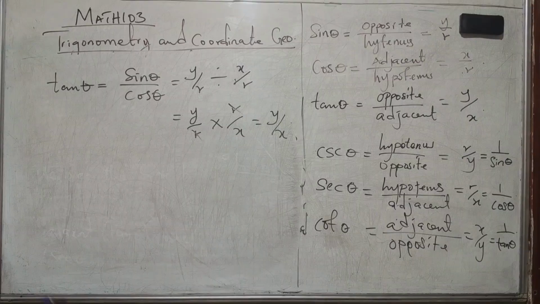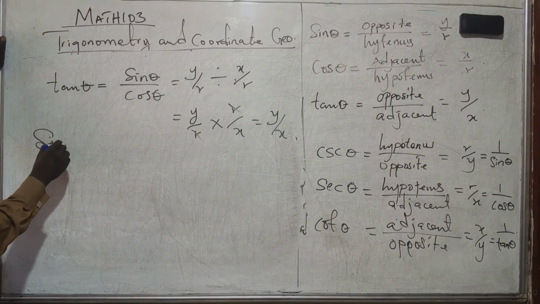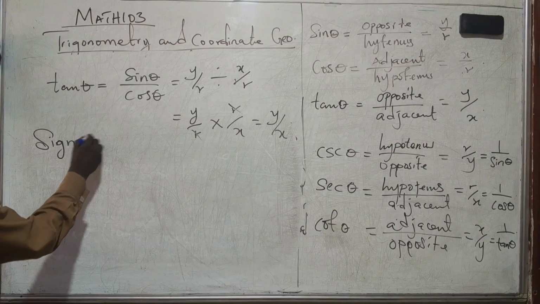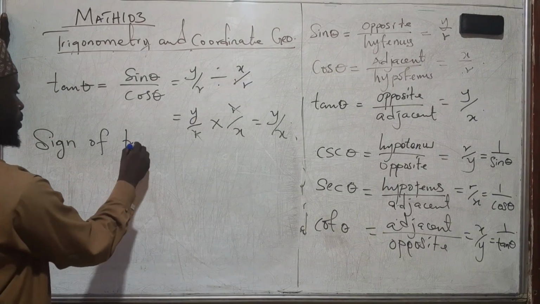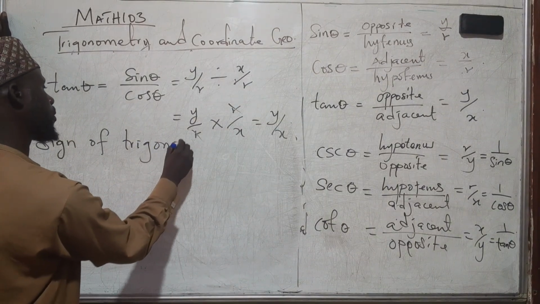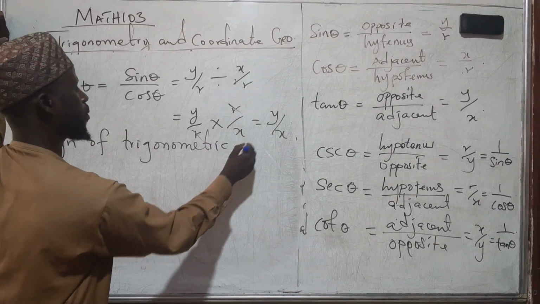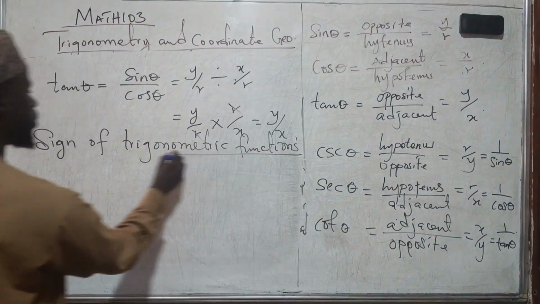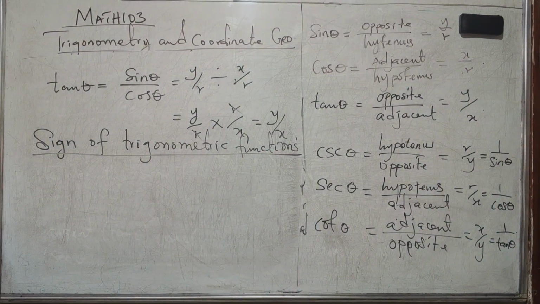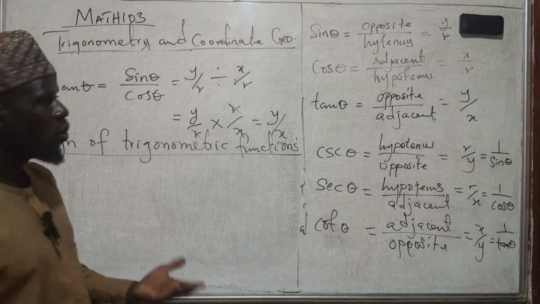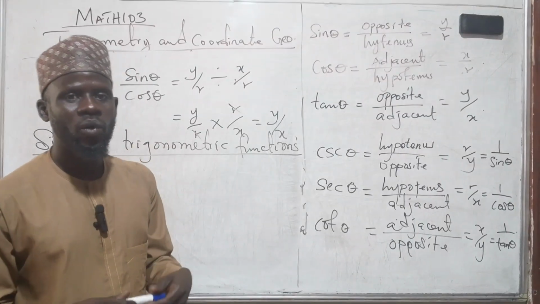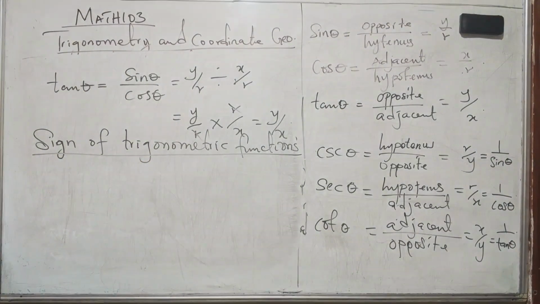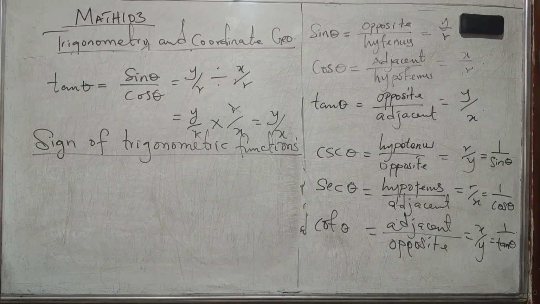Now let's go to the sign of these trigonometric functions. These trigonometric functions can either be positive or negative, depending on the quadrant theta is falling in.